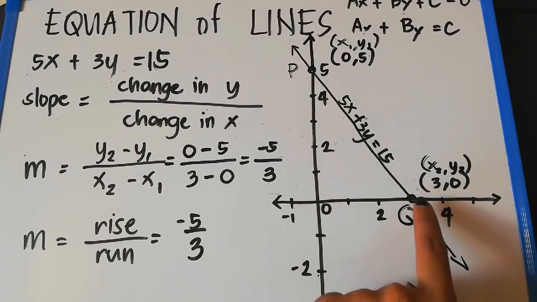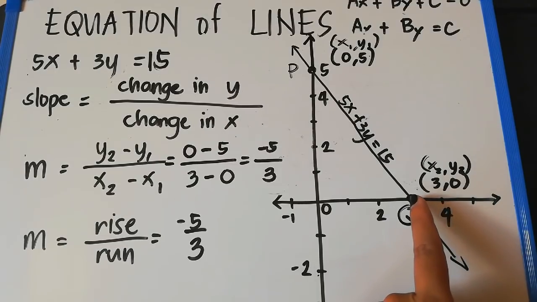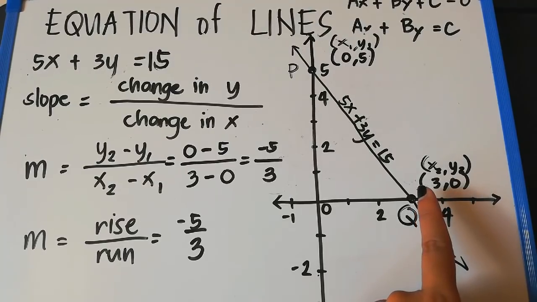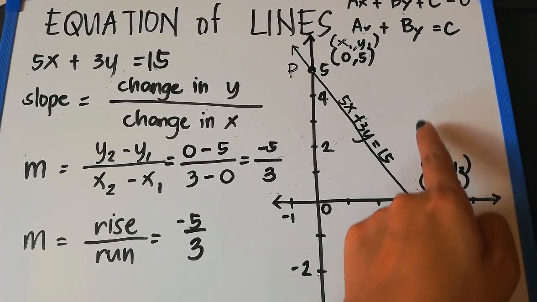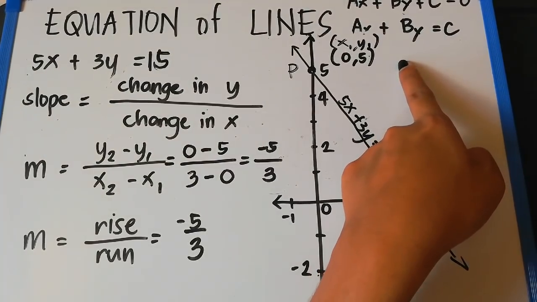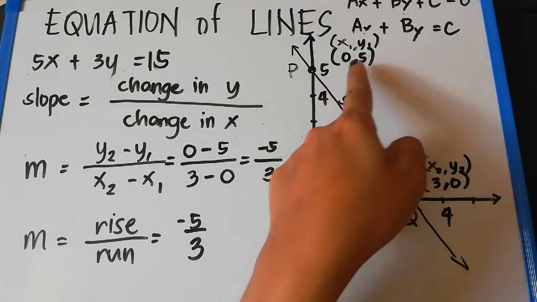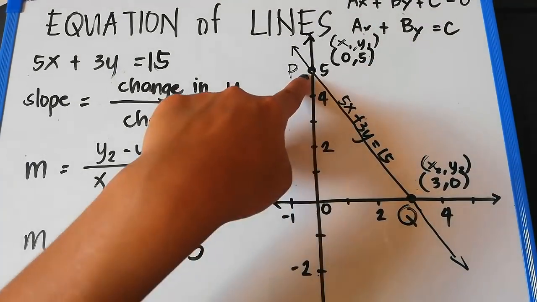So, ibig sabihin, kung halimbawa, nandito ka kay 3, 0, to locate the next point using the slope, 5 units upward, kasi vertical movement natin, 1, 2, 3, 4, 5, and then, yung ating horizontal movement, 3 units, syempre, pakaliwa tayo, so, 1, 2, 3. The next point is here at 0, 5.